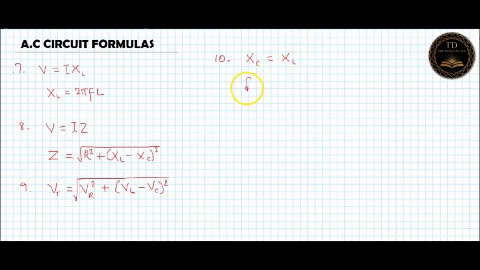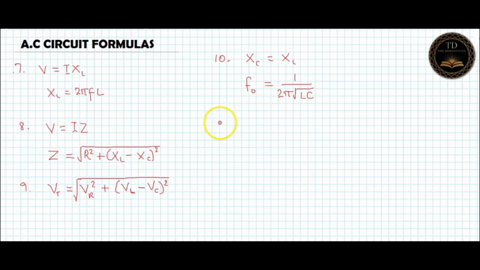And resonance frequency is given by this formula: 1 over 2 pi square root of LC. This is the formula you use in finding the resonance frequency.